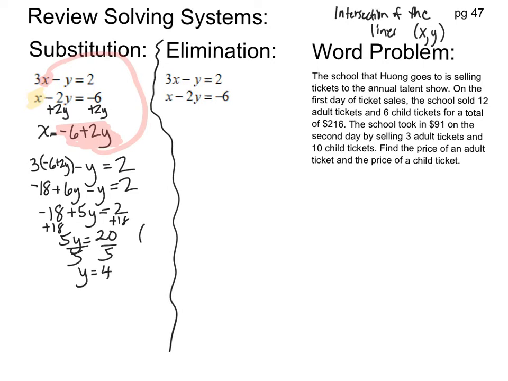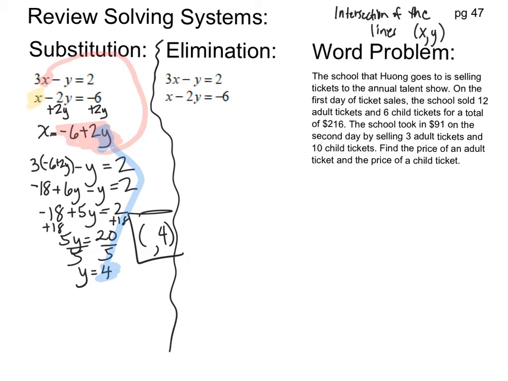So here's my solution: y is 4. How do I go about finding x? What I do is I take this 4 and I substitute it back somewhere. You can put it in any place for y, but I will tell you honestly, I think it's easiest to take it back to right here, because my x is already alone.